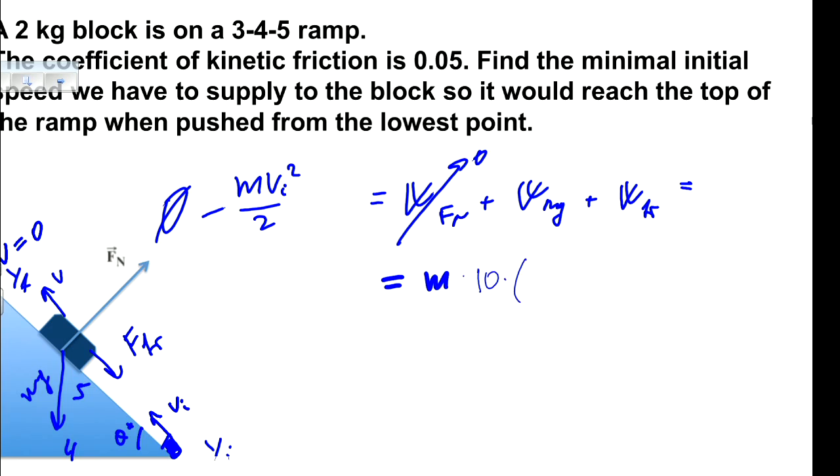That should be initial minus final, always initial minus final, so 0 minus 3, plus friction does negative work, coefficient of friction, normal force, what should I write for the cosine?